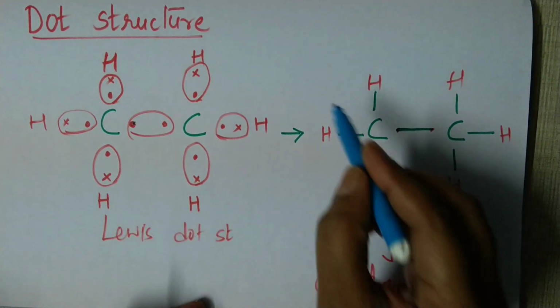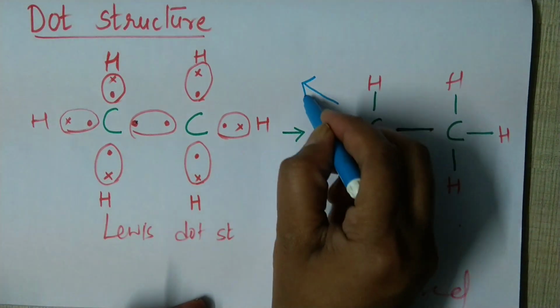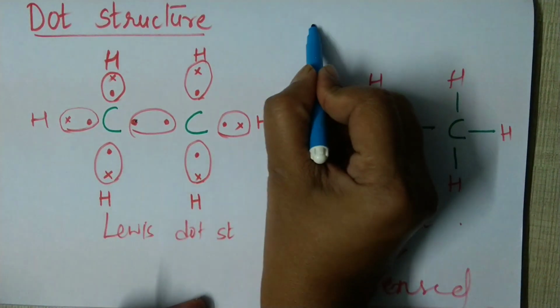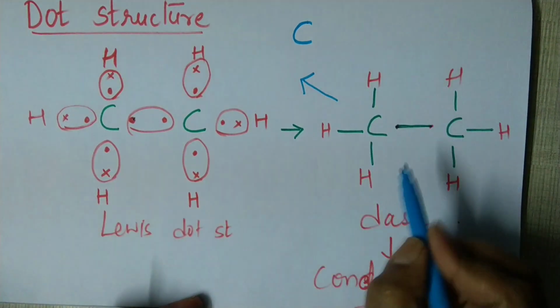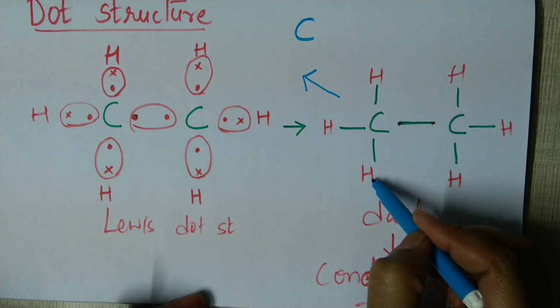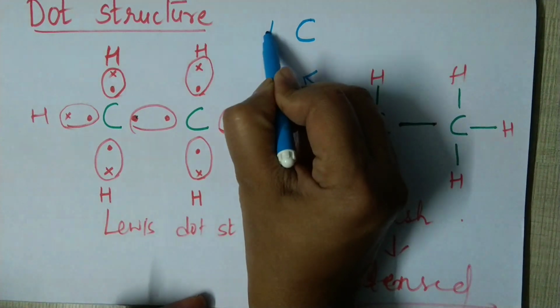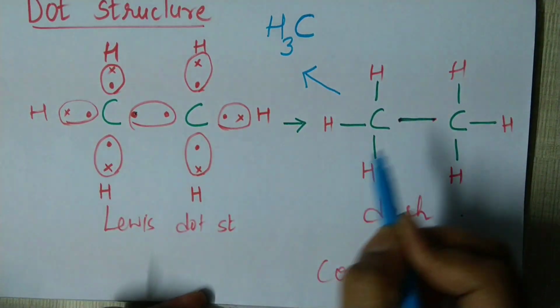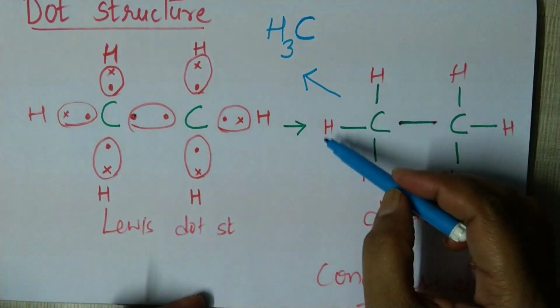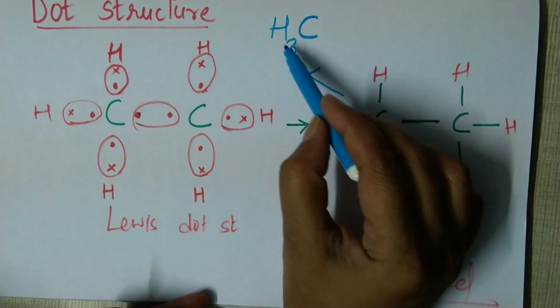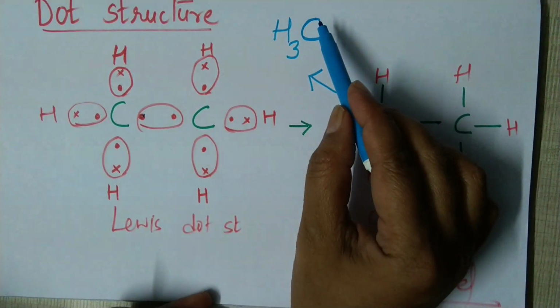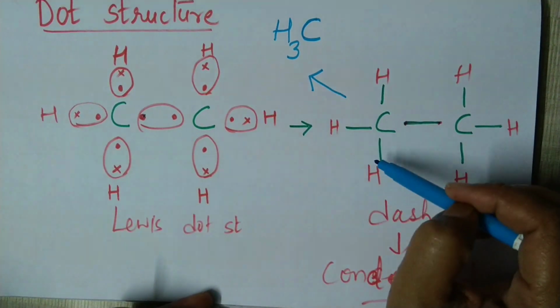So, condensed structure of this, I can write it as, so carbon I am going to show. How many hydrogens are attached to it? 3 hydrogen, count them, 1, 2 and 3. So, I will just write H3. So, I have reduced writing 2 hydrogen atoms. Just I have written H3. It means there are 3 hydrogen atoms with single bond.